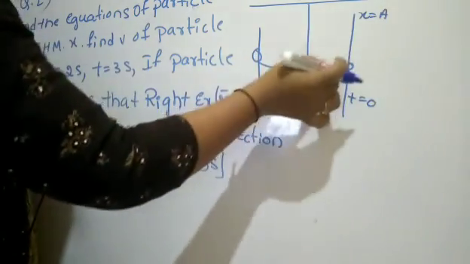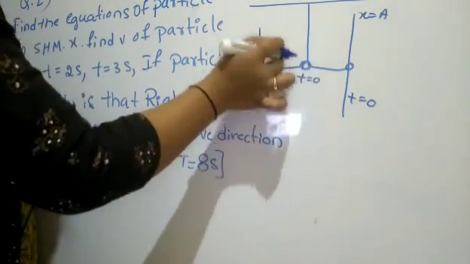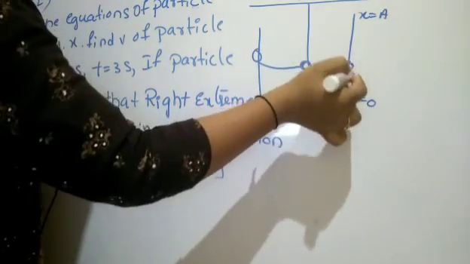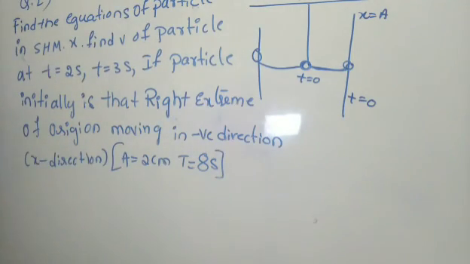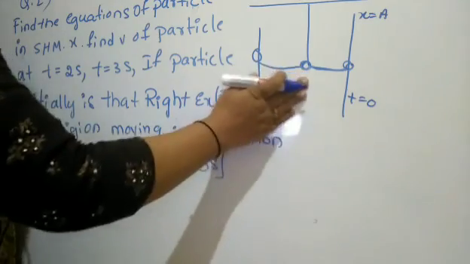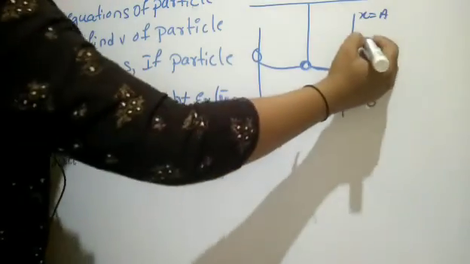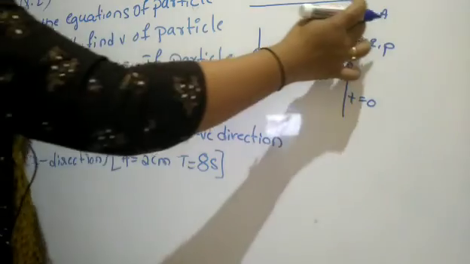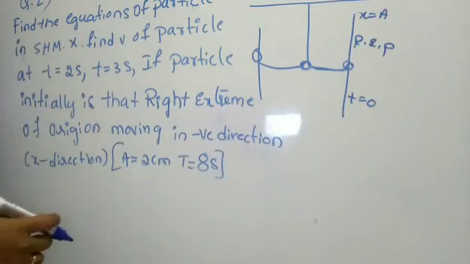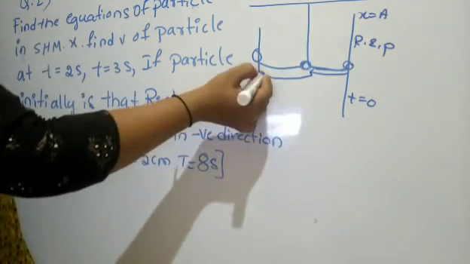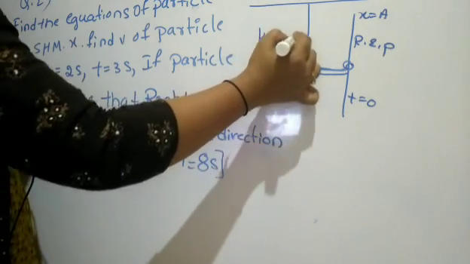We are not taking it from the original start. When it reaches the right extreme position, from there we start observing the particle moving in the negative direction. So from the origin it first moves to the right extreme position, which is at x = a and t = 0, and then it moves again from there toward the origin side. The amplitude is given, 2 centimeter.